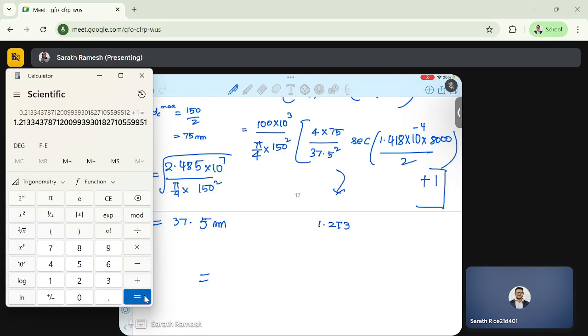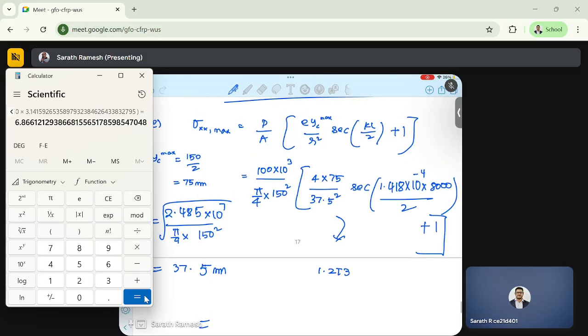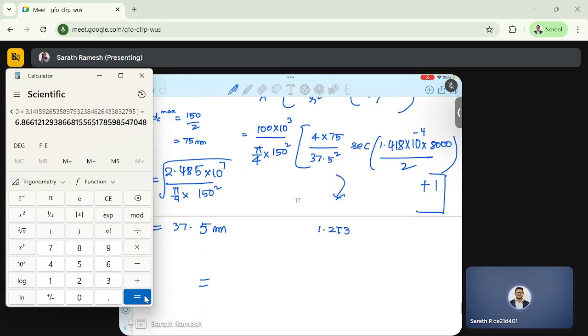This times 10 to the power 5 times 4 divided by 150 into 150 into pi. So finally, we are getting 6.8686 megapascal.